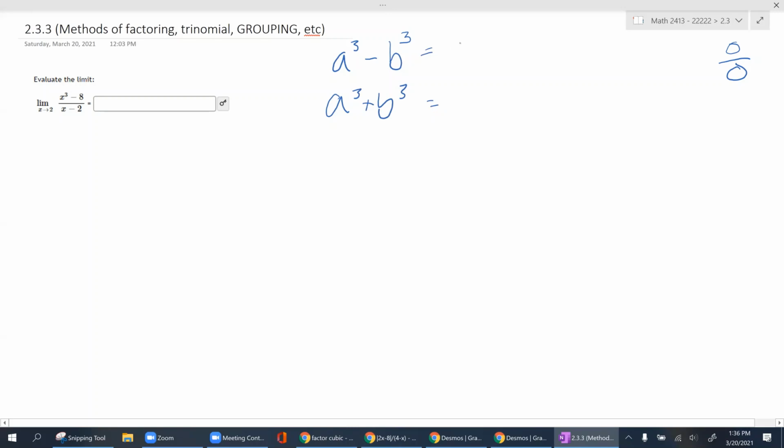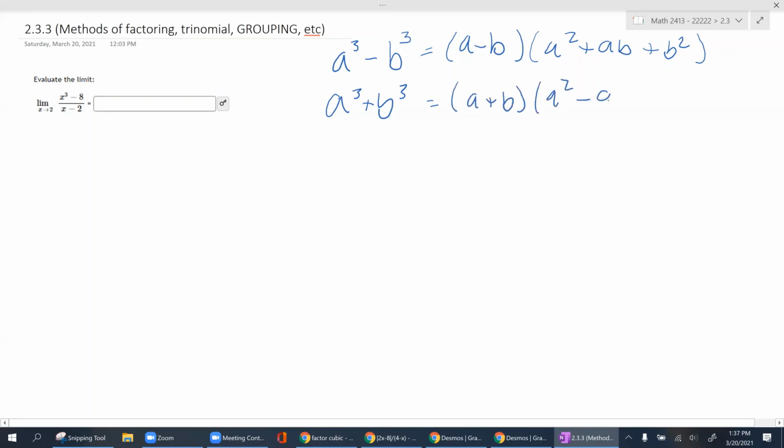From our college algebra courses, you need to find your a and your b, and once you find that, you can plug it into your formula. So this one is a minus b times a squared plus ab plus b squared. Remember, not 2ab, because that's a common confusion. For the bottom one, it'll be a plus b times a squared minus ab plus b squared. So make sure you memorize these.